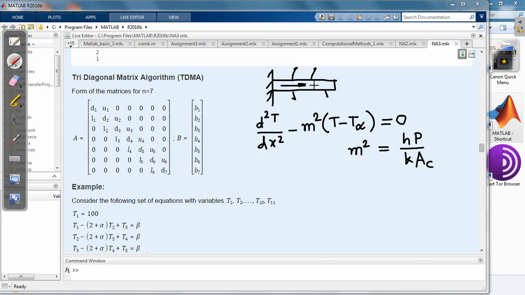We are assuming that the cross sectional area is constant throughout the length of the fin. So this is what m square is.